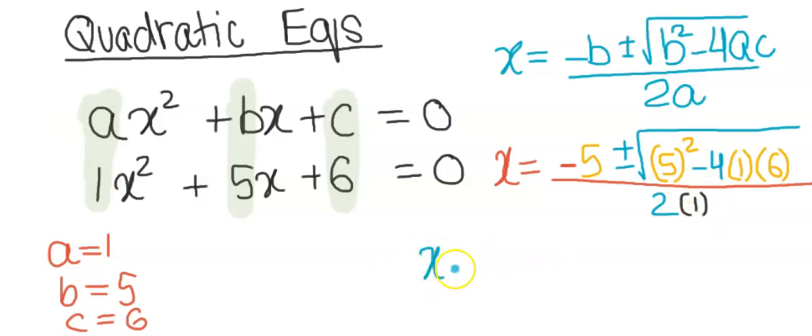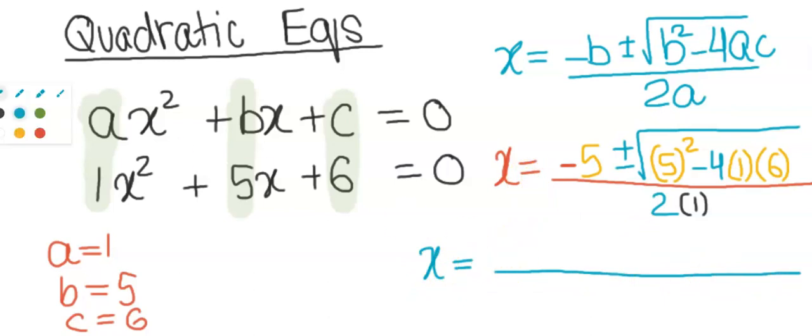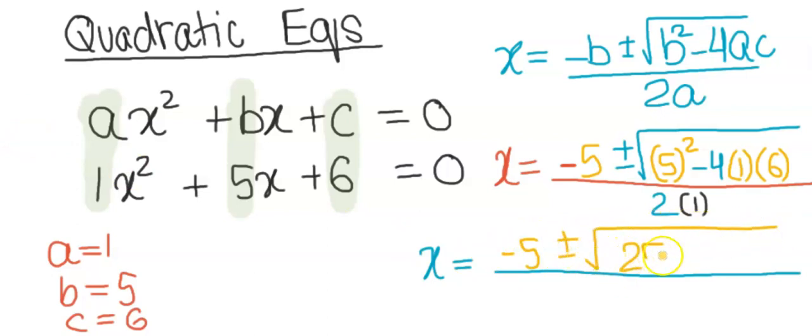So I got x equals, draw the line, minus 5 as it is, that becomes a minus 5, plus minus. What is 5 squared? 5 squared is 25, and then minus. What is 4 times 1 times 6? 4 times 1 times 6 is 24, and the 2 at the bottom remains as it is.